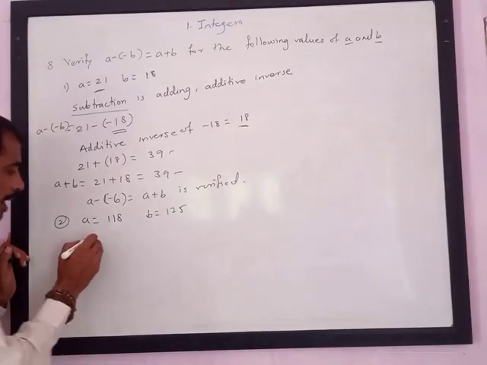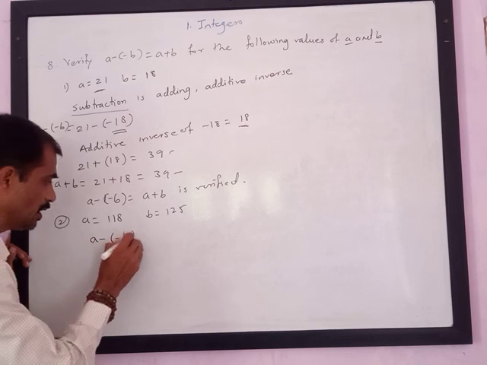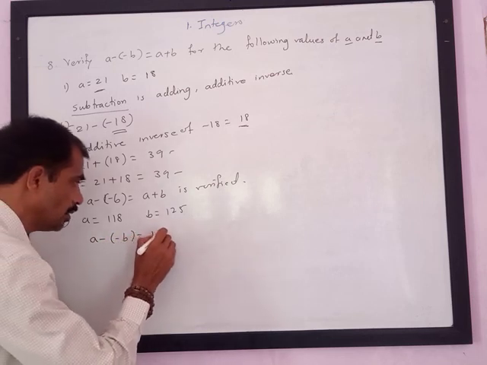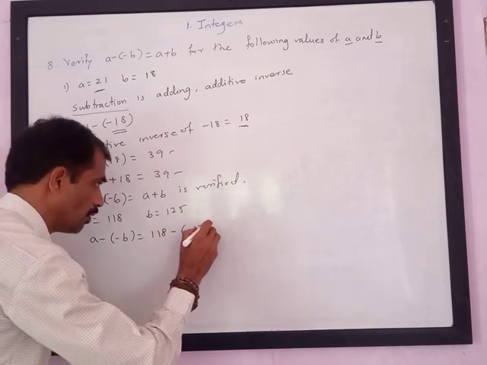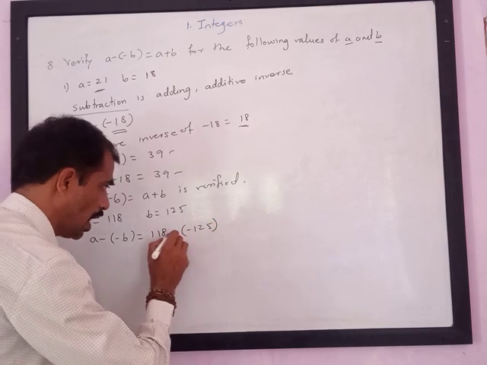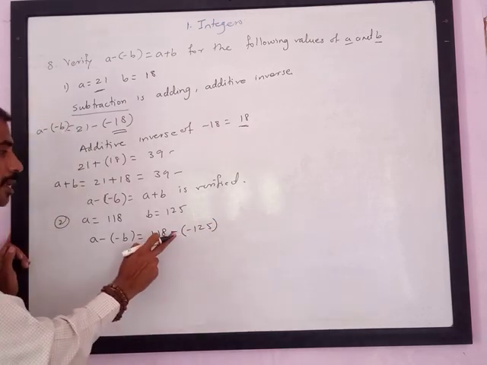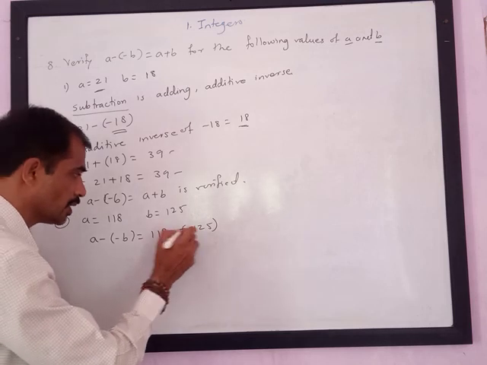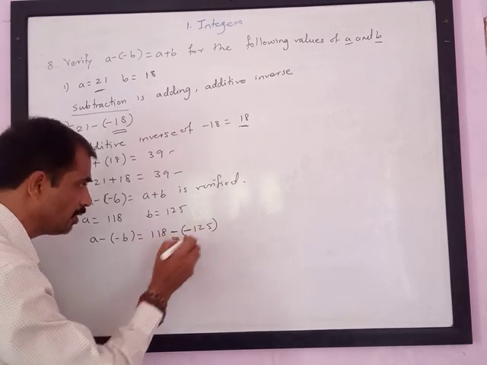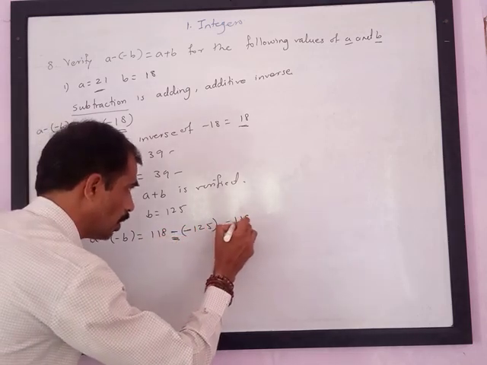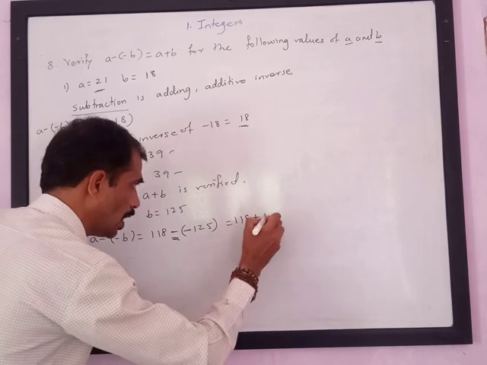Now next is a minus (minus b) is equal to 118 minus (negative 125). We already know subtraction is adding the additive inverse. So subtraction is adding additive inverse means this is equal to 118 plus 125.